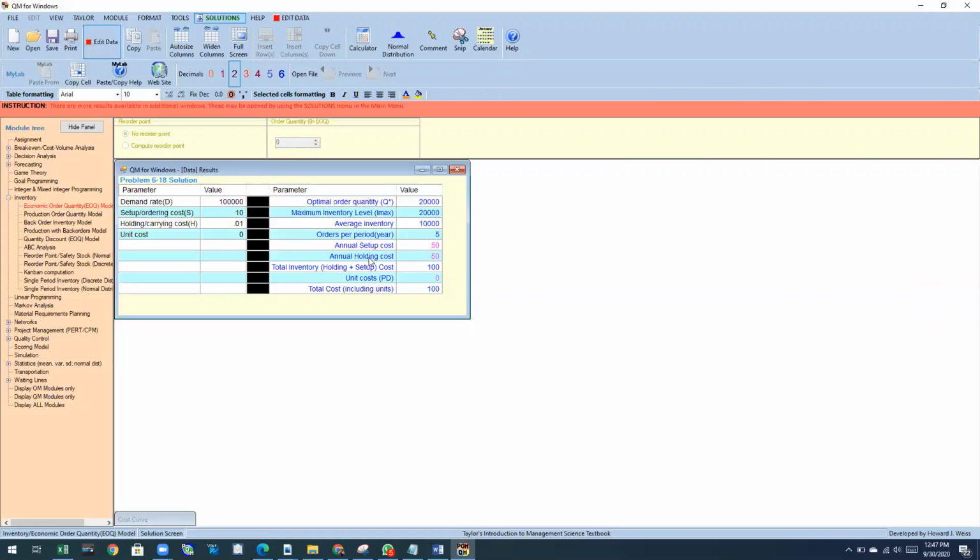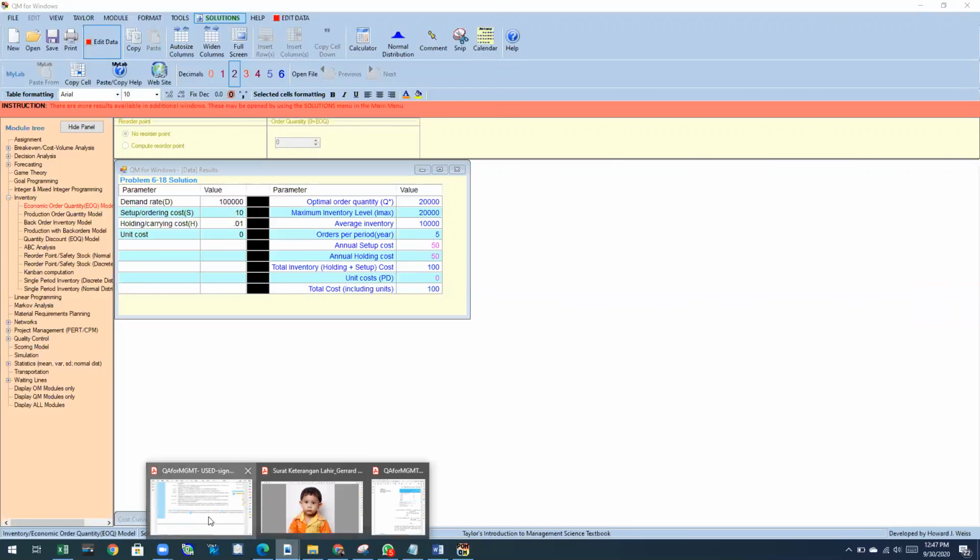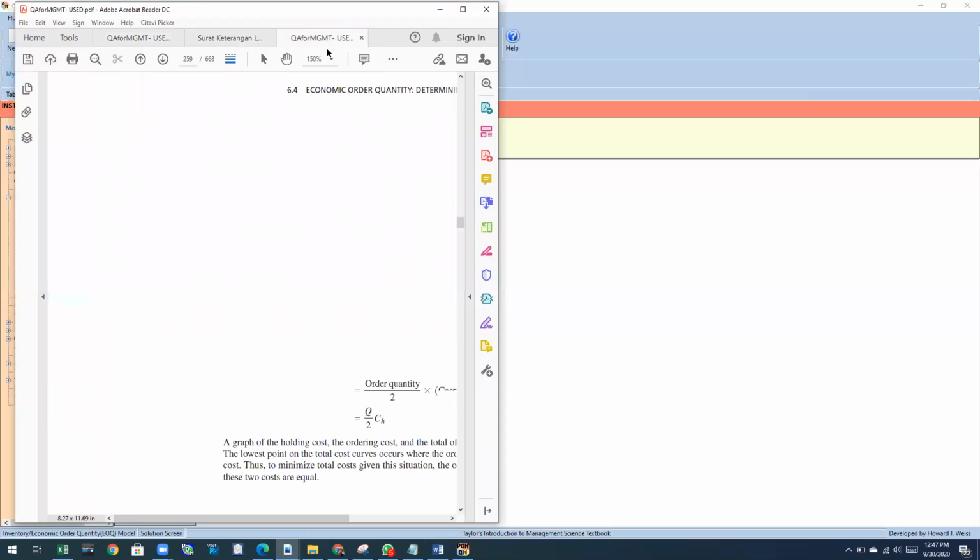What is the holding cost or the carrying cost? Carrying cost is ½ cent a year. The average inventory in a year is 10,000. So we multiply the average inventory by the carrying cost.